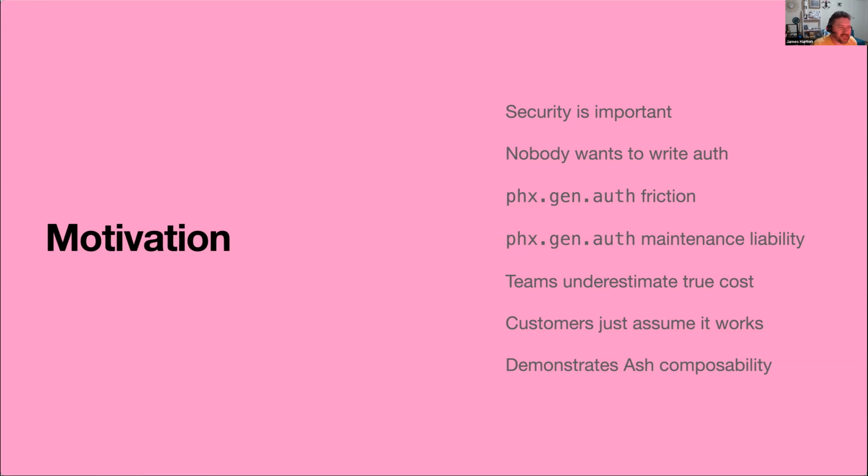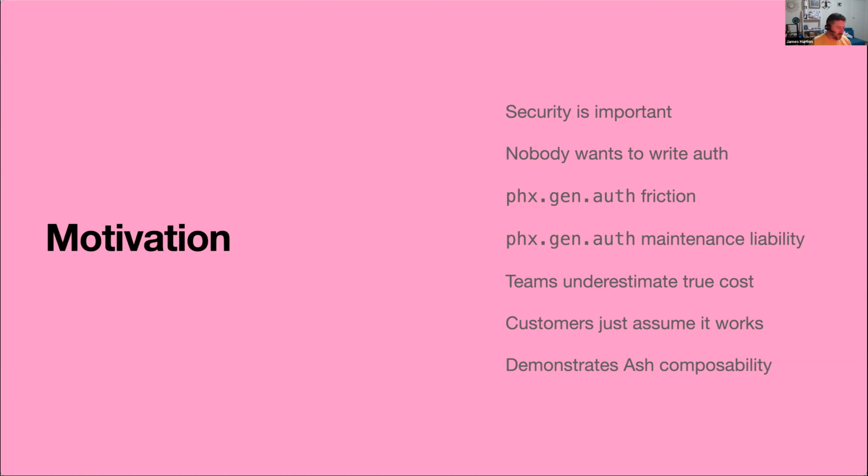Code that's generated the way that Phoenix GenAuth does it means that you're essentially inheriting an instant liability. You've got code that is now in your repo that you own, but you didn't write. And if it changes, like for example, if the Phoenix GenAuth folks go, oh, we've had a security problem in our code, we need to ship an update, they can't just package up a new version and publish it to Hex.